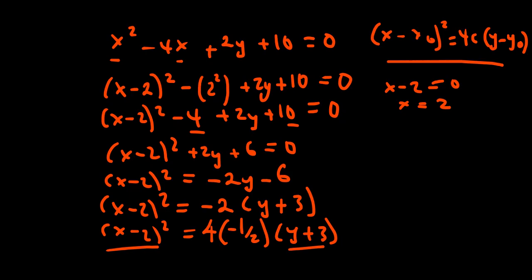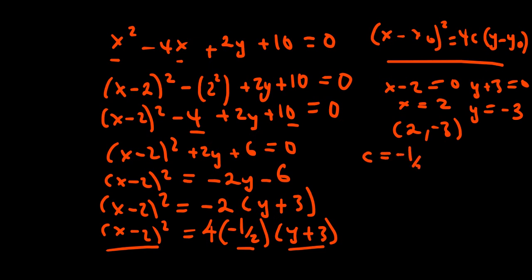Then when I equate y plus 3 equal to 0, I get y is equal to negative 3. Then my vertex will be 2 comma negative 3. So that is my vertex. Then my c is just negative half.